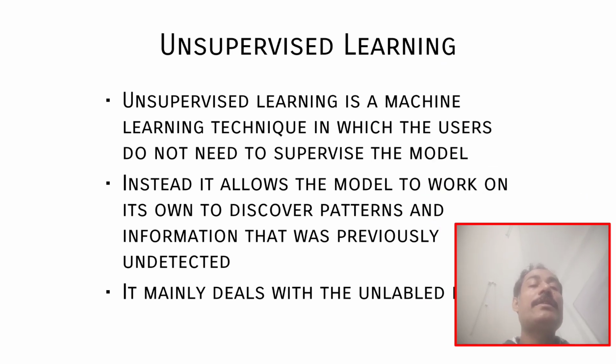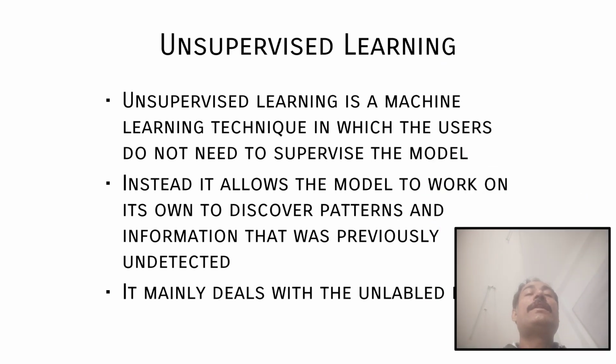And here is unsupervised learning. As the name implies, during the learning phase no supervisor will be there, so without any guidance from a supervisor, the learning takes place. Instead, it allows the model to work on its own to discover patterns and information that were previously undetected. So here the machine is learning by itself, watching and learning from the environment.